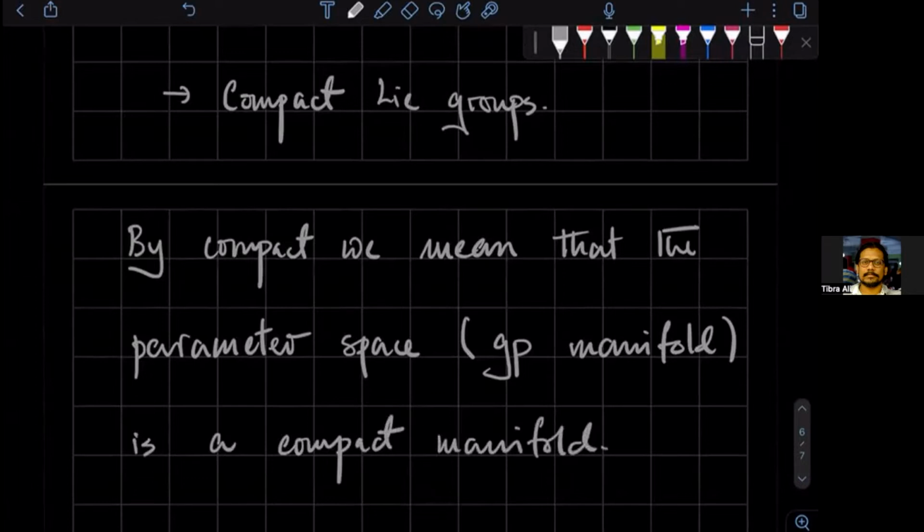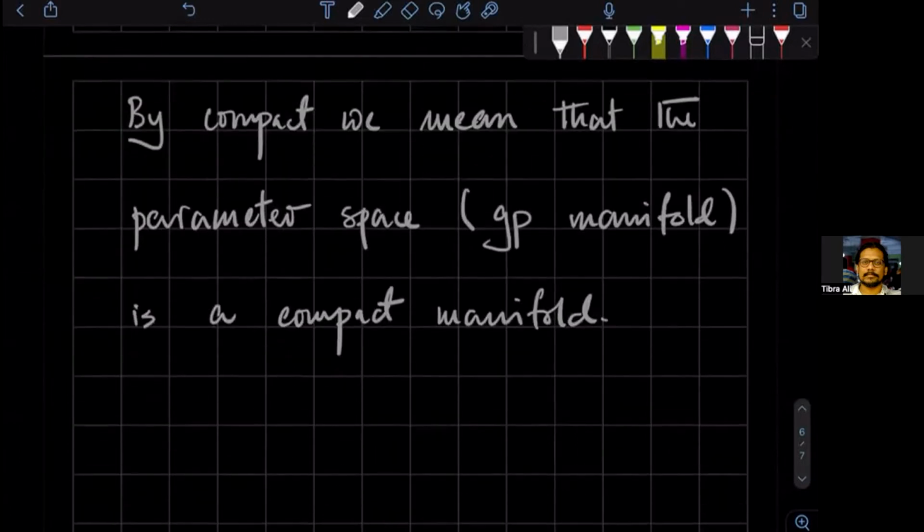That is, it has finite volume. Okay, so for example, U(1) is SO(2) and it's a circle. It's a circle.